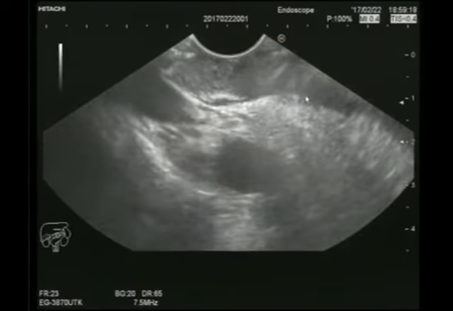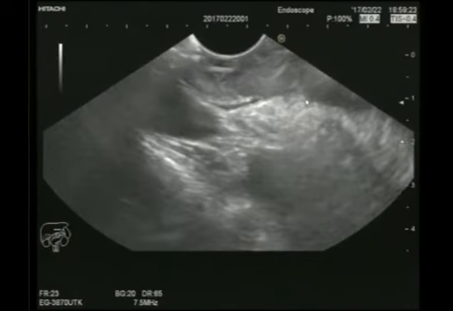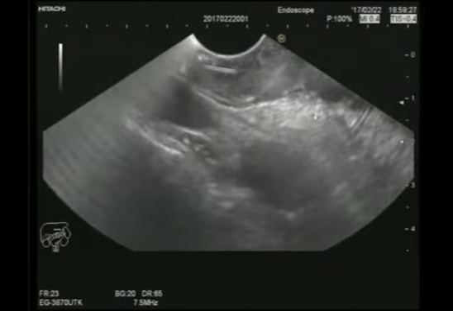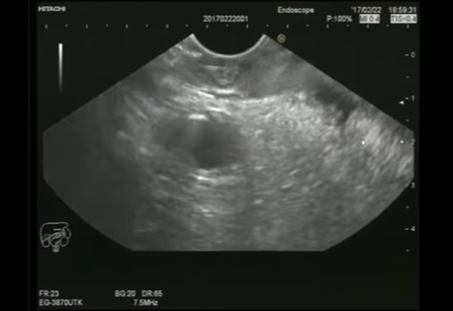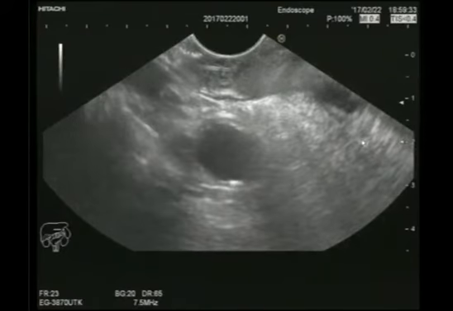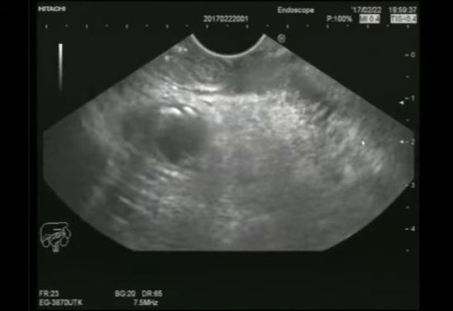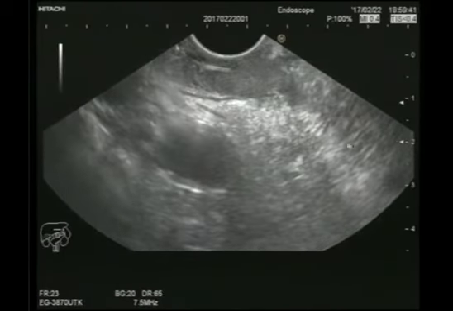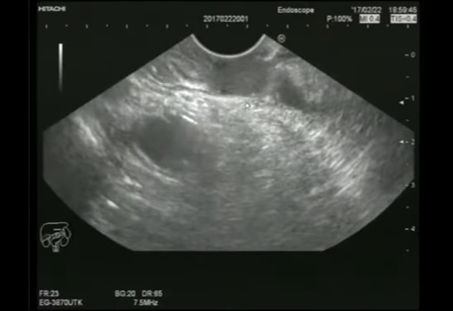If it invades the common bile duct or pancreatic duct or both more than 2 centimeters, it is stage 4. For a stage 1 papillary tumor, papillectomy may be performed even if it invades some part of the submucosa. But for this particular patient, what we see is that the muscularis propria is invaded. We cannot tell apart the muscularis propria here.